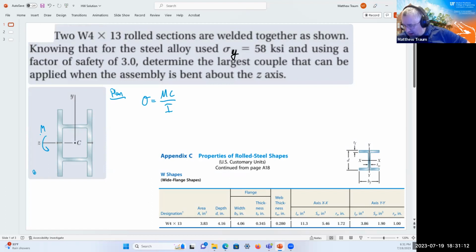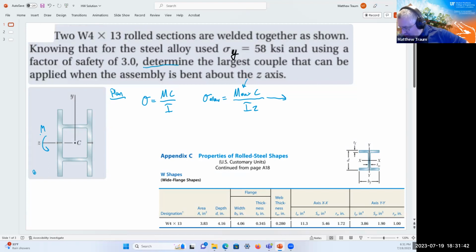And I also know that the allowable stress is equal to the maximum couple multiplied by C divided by I of this body rotated about the Z axis. I can then rewrite this for the couple, which is what I'm solving for, right?